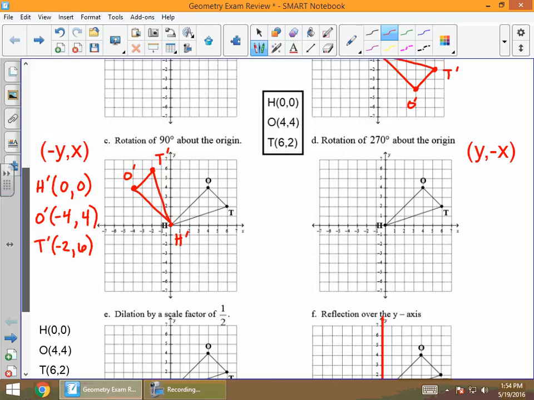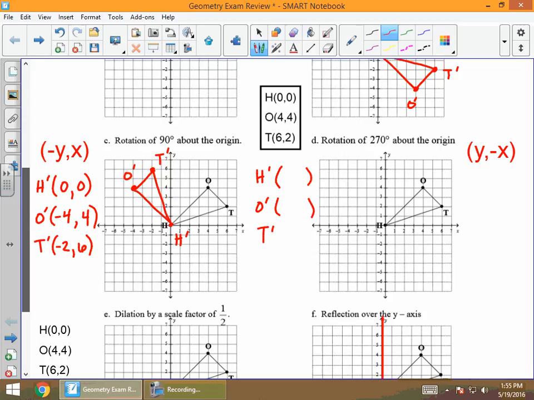So let me bring my points over. So it's the y value and then the opposite of x. So for H, the y value is 0. The opposite of the x value is still 0. For O, the y value is 4. The opposite of the x value is -4. And for T, the y value is 2.